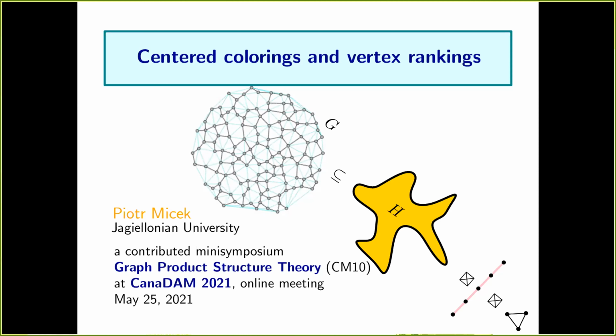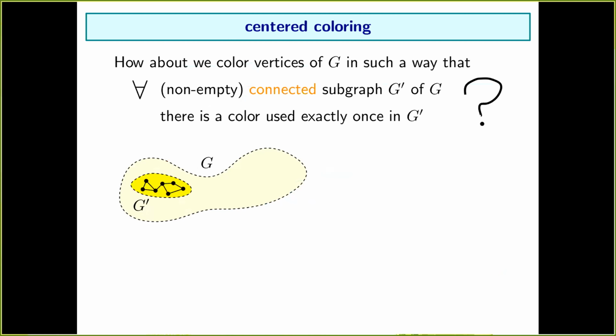The outline you actually have seen. So yes, let's look at the coloring we are going to study for most of the talk. How about we color the vertices of a graph in such a way that for every connected subgraph, we have a color that is used exactly once.